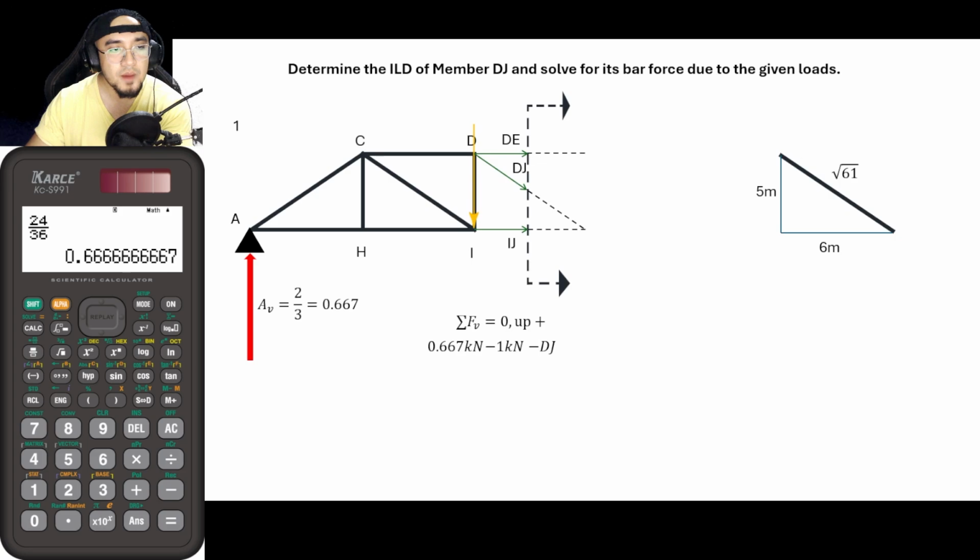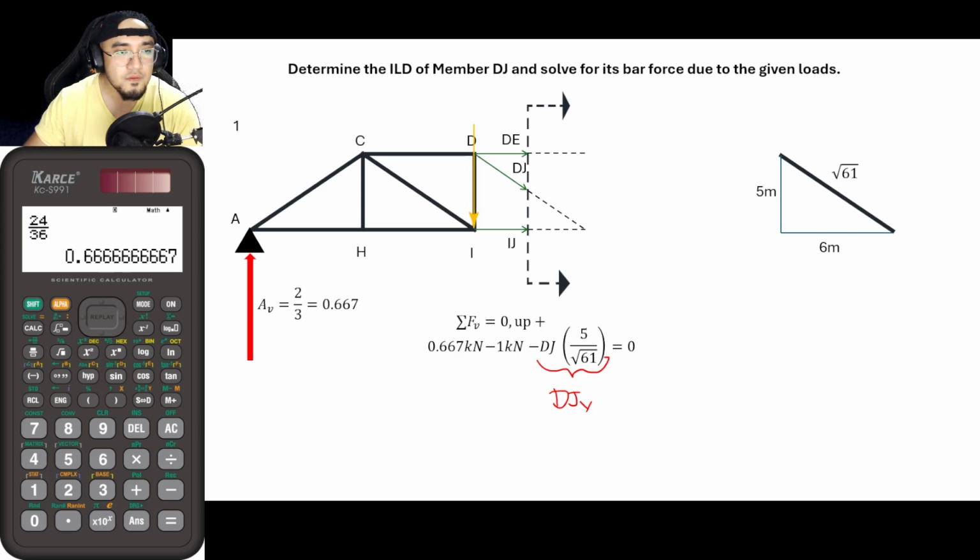Okay? So minus DJ times the ratio of the vertical component of the slope divided by the hypotenuse. So again, this value here is just the DJ vertical. Okay? So this is now equal to 0.